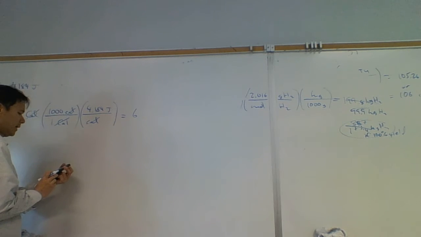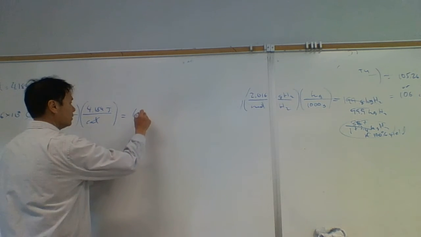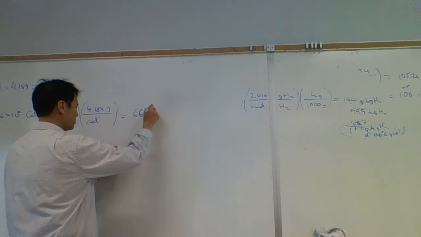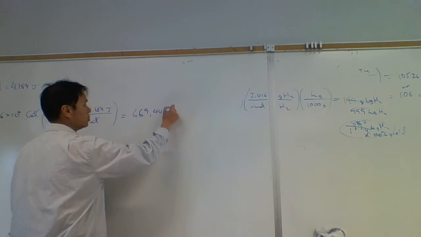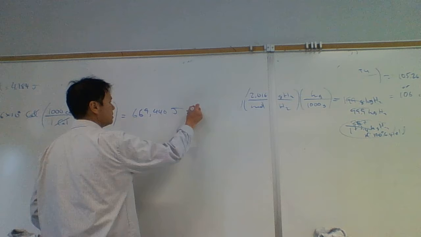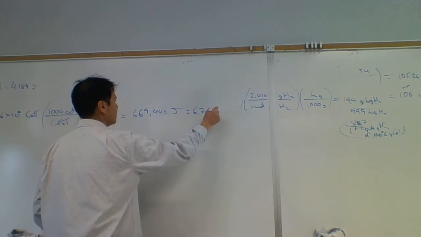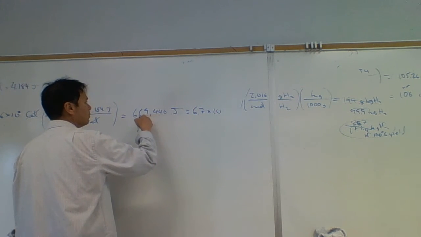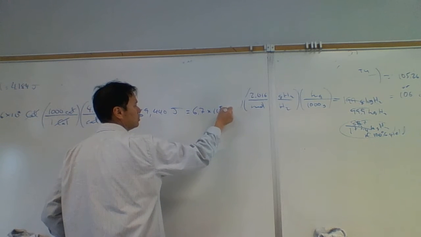Anyway, I get 669,440 joules. To round this, this would be 6.7 times 10 to the 1, 2, 3, 4, 5, 10 to the 5th joules.